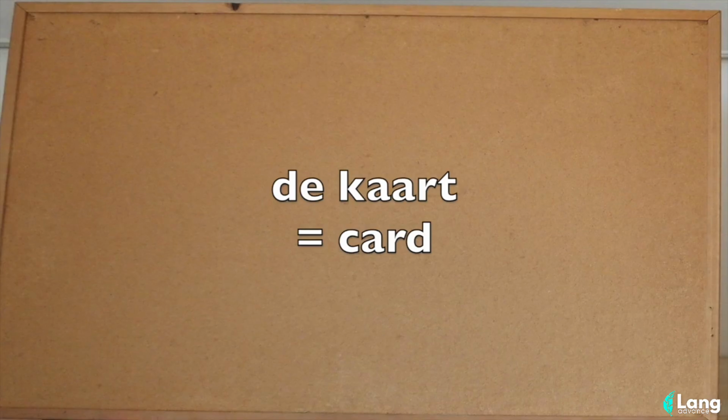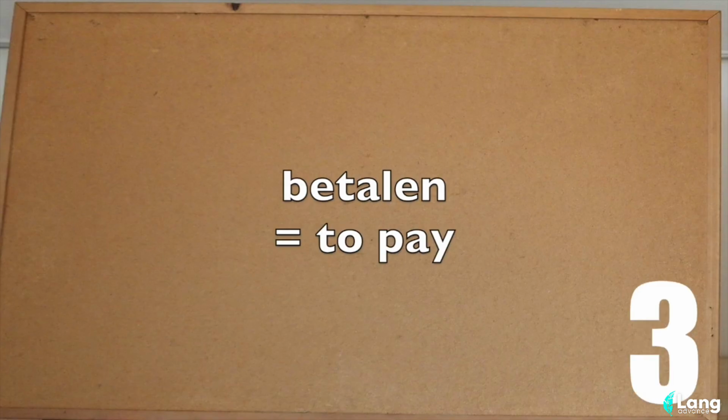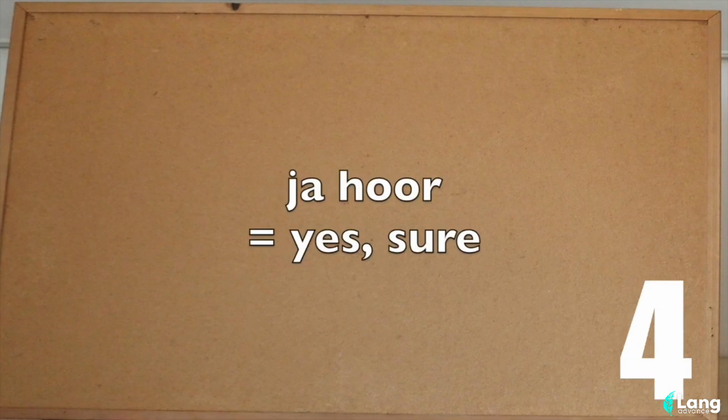De kaart is a card. De bankkaart is the bank card, combination of bank and card is bankkaart. Betalen is to pay. Ja hoor is yes, sure. It's an expression.